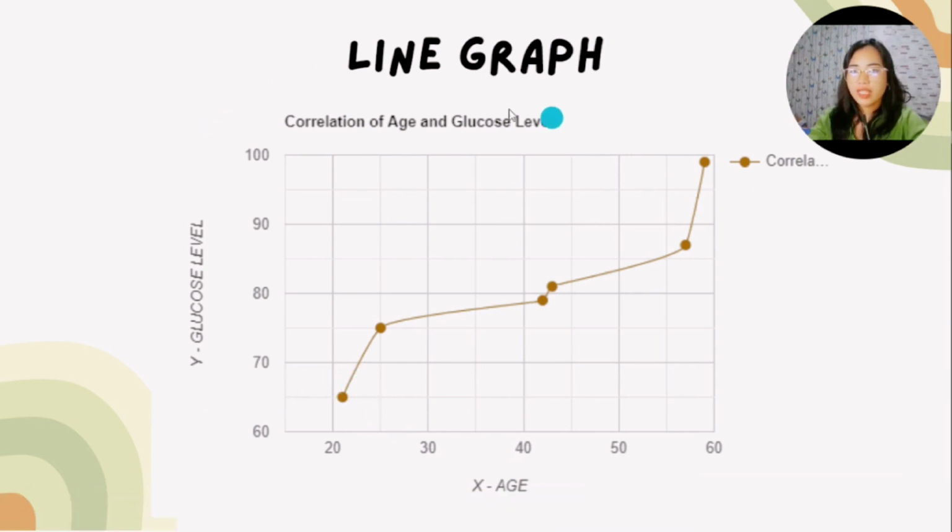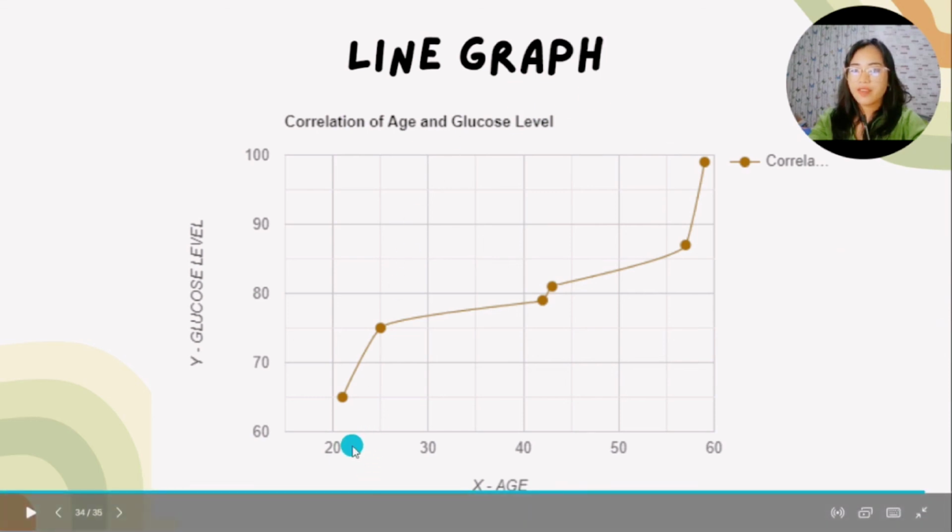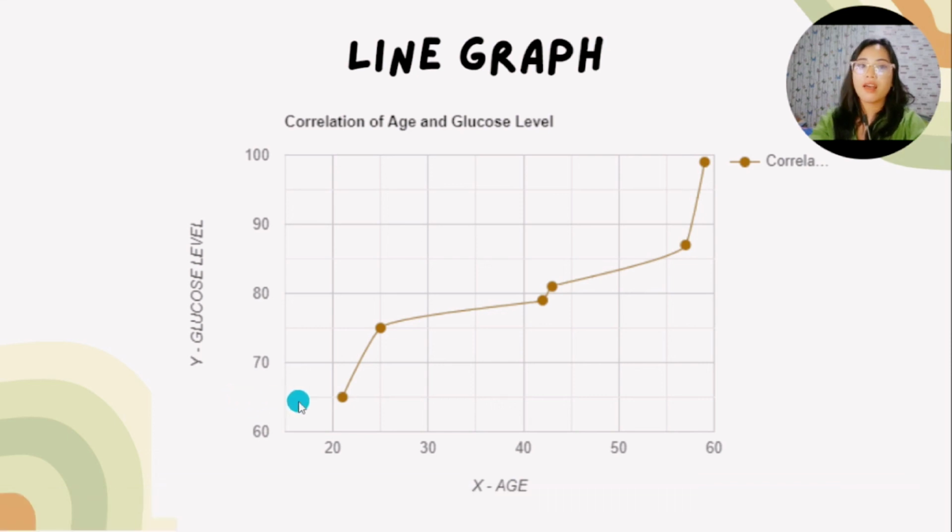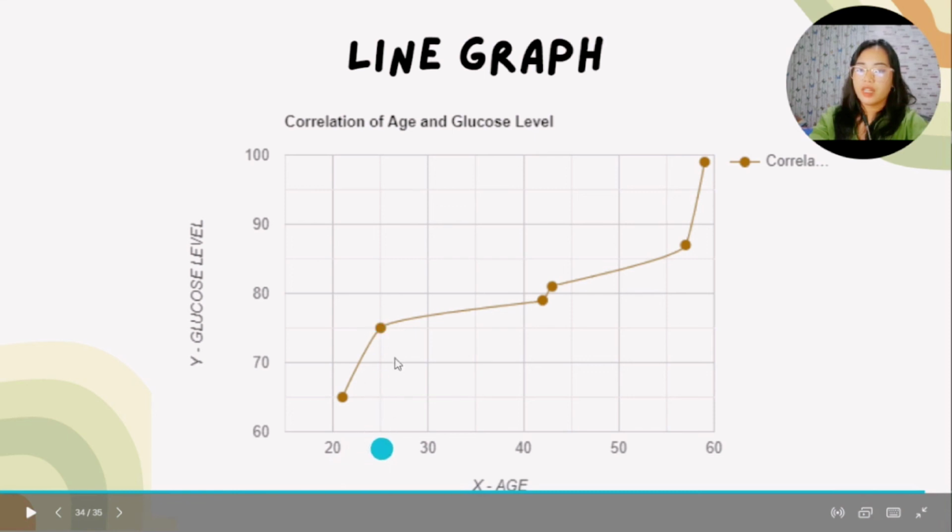As you can see in our line graph, the lower the age, the lower the glucose level also. In this age, higher glucose level.